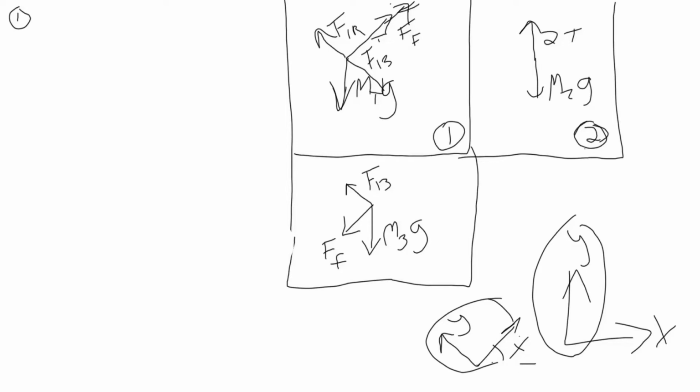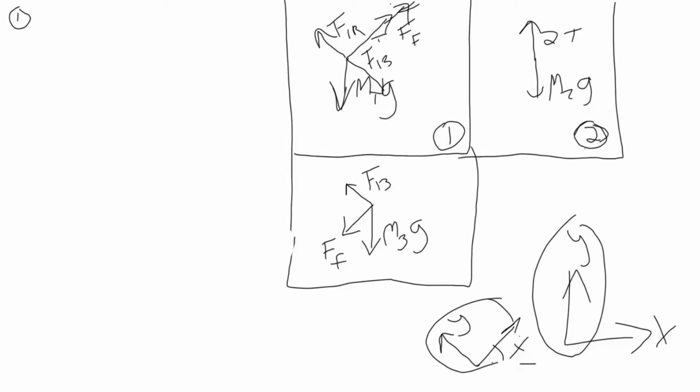So looking at the free body diagram for mass 1, if I look at the forces that act perpendicular to the incline, there's the normal forces between mass 1 and the incline itself, and mass 1 and mass 3. Also, there's a component of the weight force that acts perpendicular to the incline. And we know that's m1g cosine theta, where theta is the ramp angle.